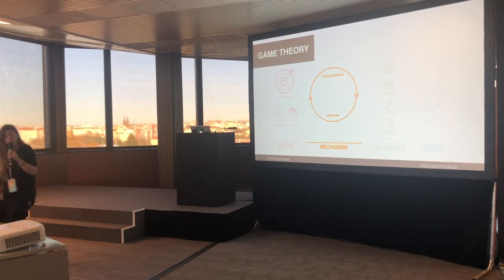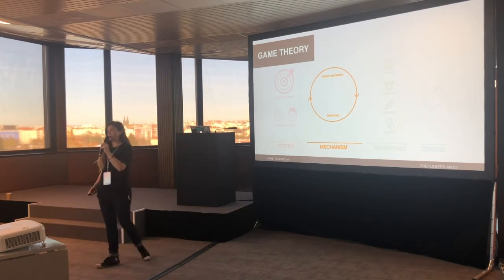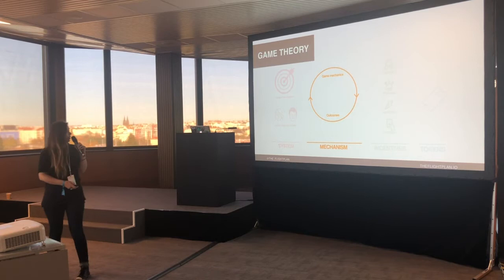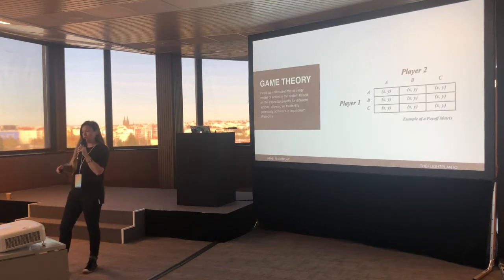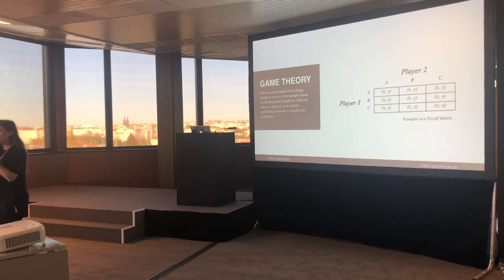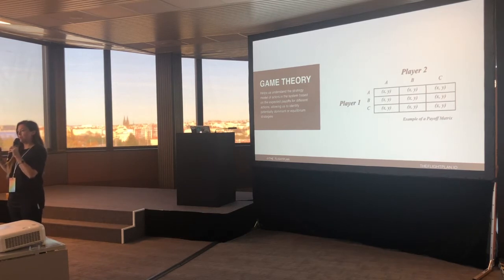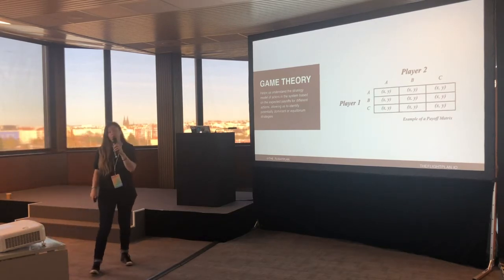So most people haven't heard of mechanism design, but a lot of people have heard of game theory. And so it's worth going into a little bit about game theory just to unpack that. Game theory allows us to simulate and mathematically analyze and understand different mechanism designs. So what you can see here is an example of a payoff matrix.